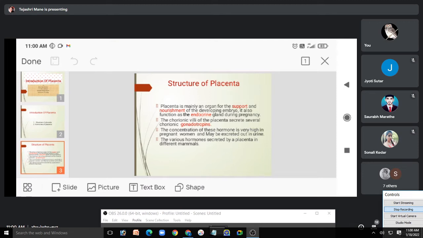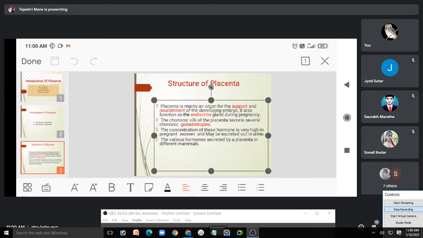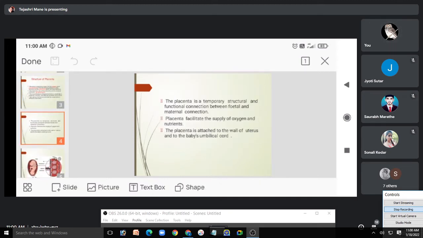The placenta is a temporary structural and functional connection between fetal and maternal circulation. Placenta facilitates the supply of oxygen and nutrients. The placenta is attached to the wall of the uterus and to the baby's umbilical cord.